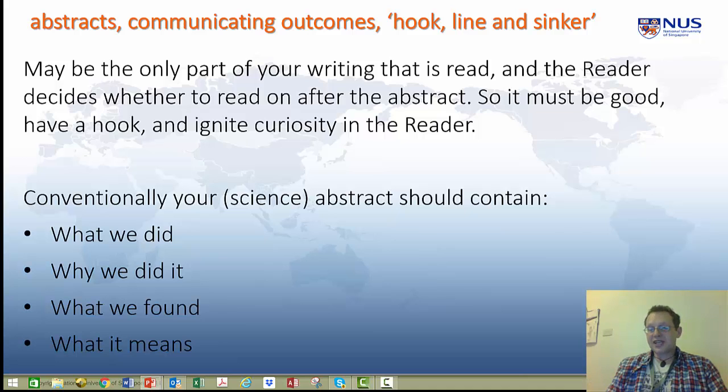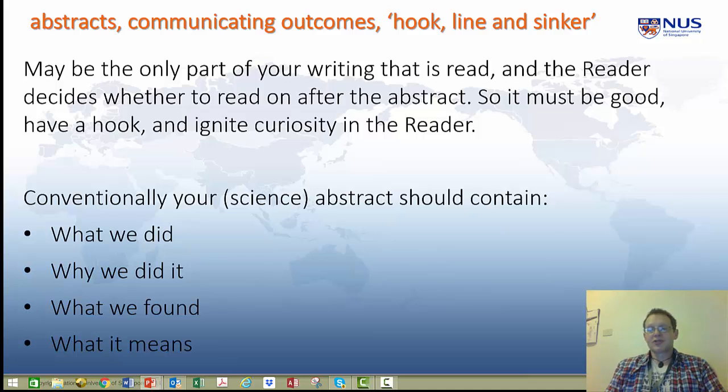Although you may not think of it this way, the abstract is probably the most important part of your paper. Now, depending on how you think about it, you write it first and then rewrite it, or actually you write it last.